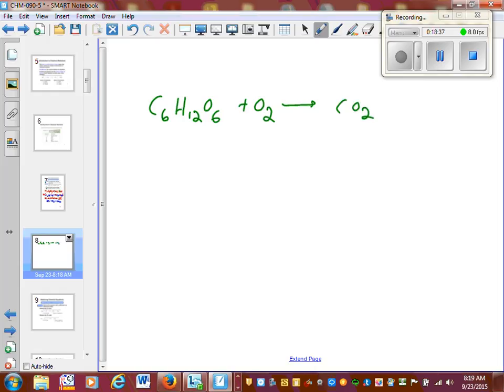Does anybody know what this equation is for? Well, that's glucose plus oxygen goes to carbon dioxide and water. Anybody know? It's the thing that happens with the gas and carbon exchange.